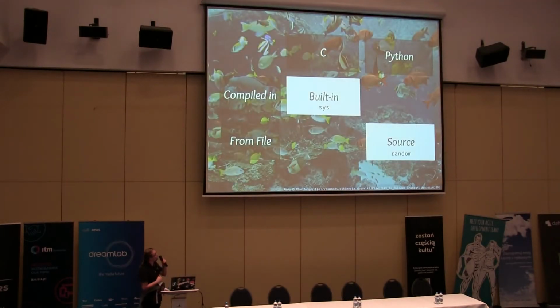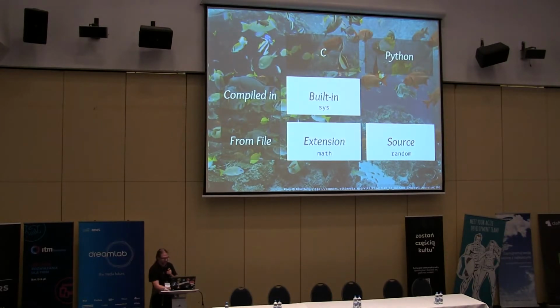We have this little zoo or aquarium of kinds of modules. So we can have built-in modules, which are written in C, compiled, and inside the Python binary itself. We have source modules, which are written in Python, and they live in .py files. And we can also fill these other squares. So we can have compiled modules that are loaded from files, from shared libraries. You can configure Python to build math this way.